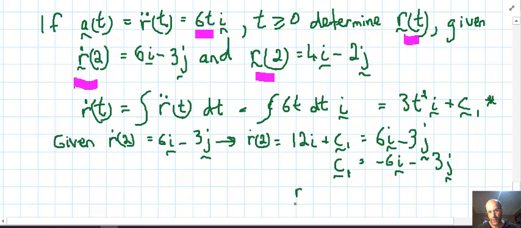And now we can put together the vector for velocity in full using what we've learned earlier on in the video.